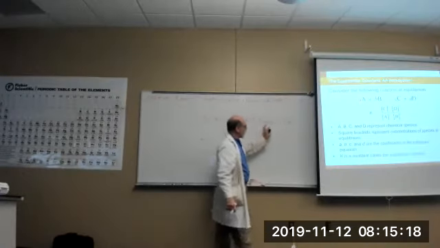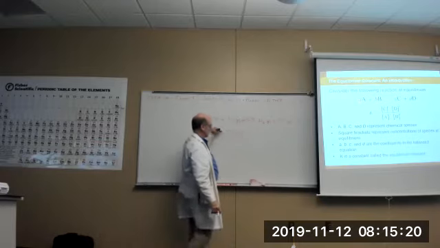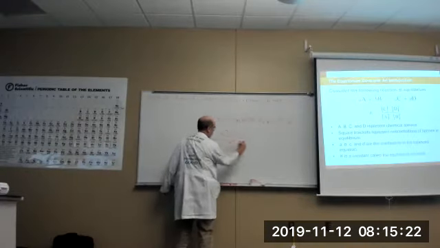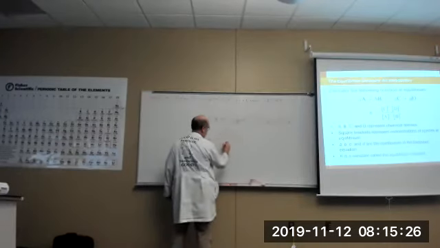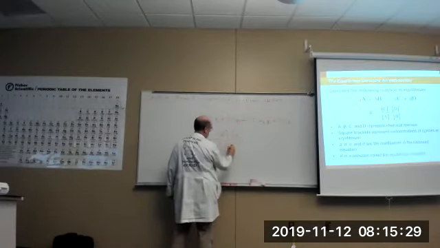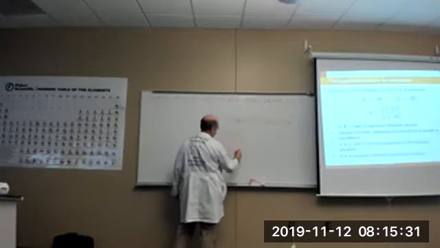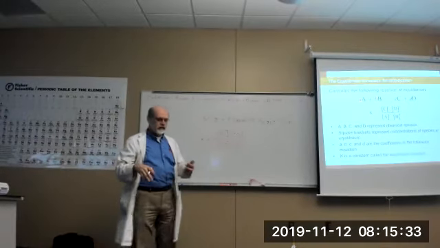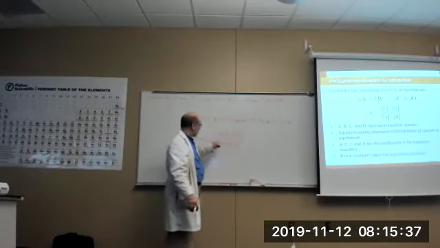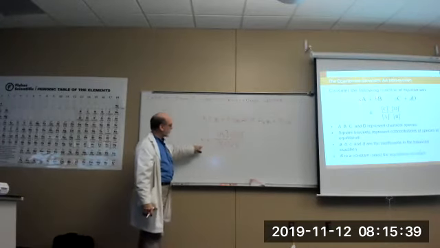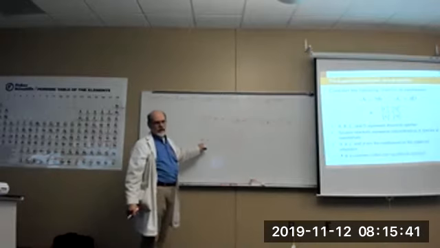So the products are always in the numerator, and the reactants are always in the denominator. And all the coefficients are 1, so all the powers are 1. That is an equilibrium expression, and this is known as the equilibrium constant.